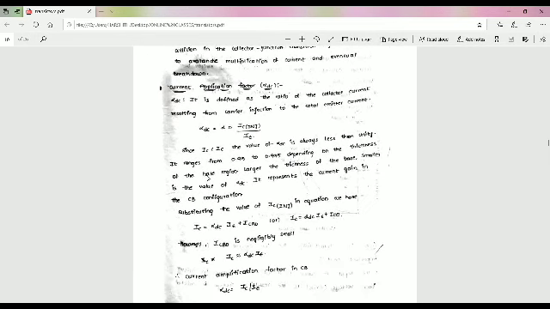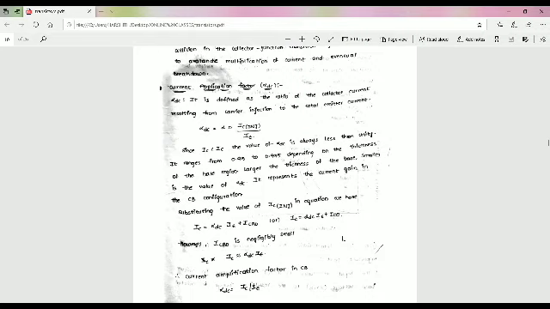And current amplification factor alpha DC. Alpha DC is defined as the ratio of collector current resulting from carrier injection to total emitter current. So alpha DC equal to IC injected by IE, where IC is less than IE.